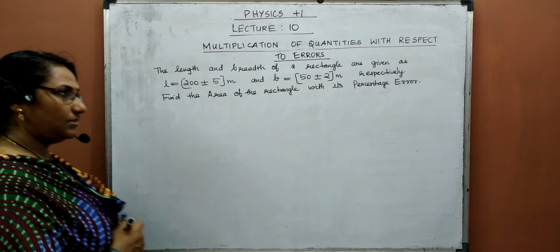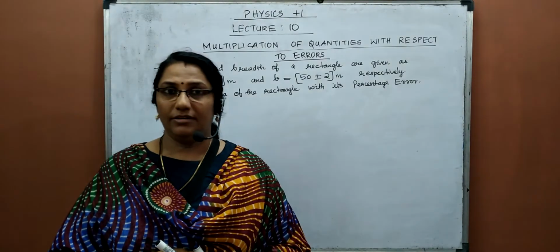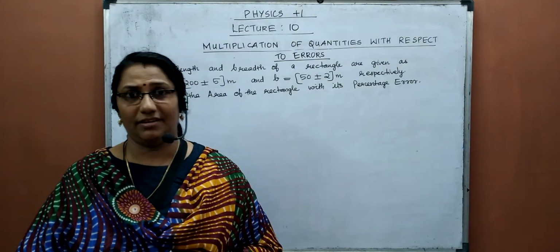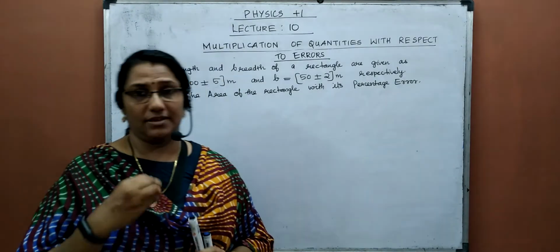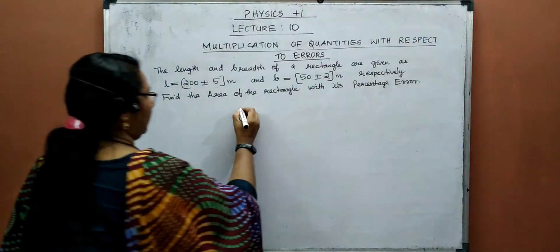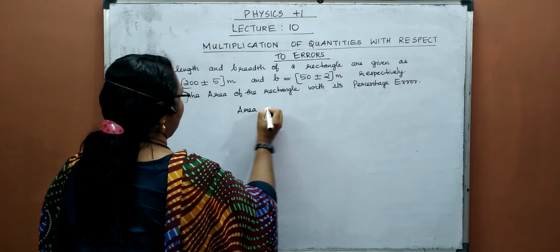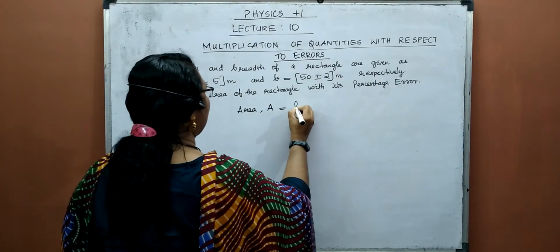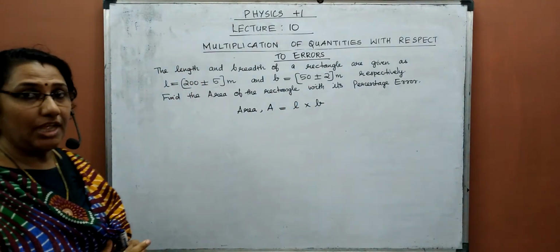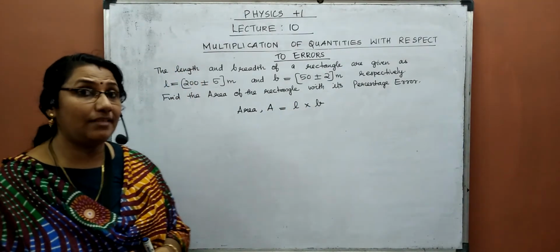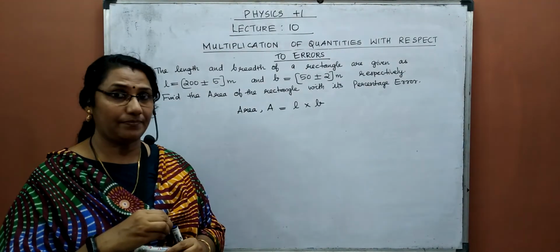If length and breadth are given, you know how to take the area of the rectangle. Very simple. You have studied in your smaller classes that area is equal to length into breadth. But here length and breadth are given with their error.